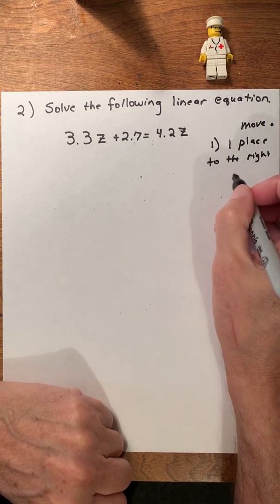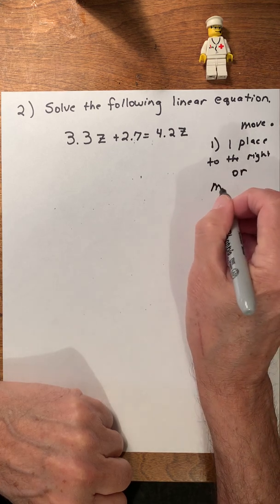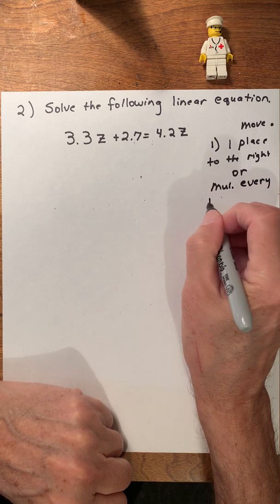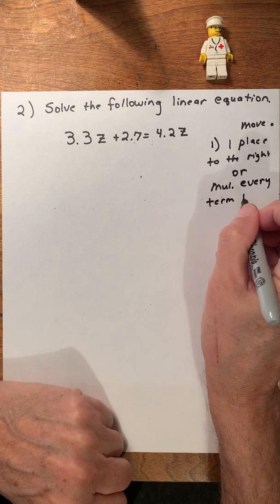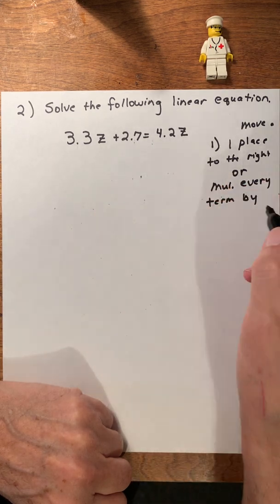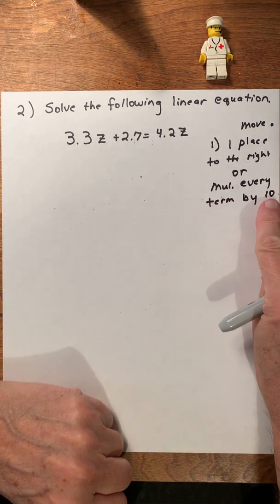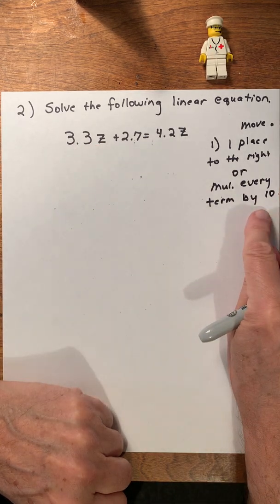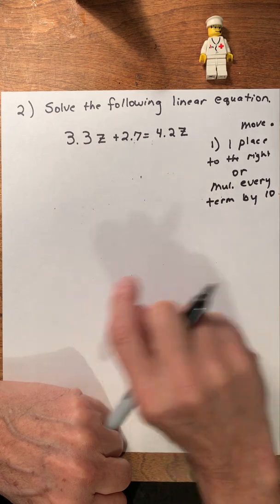Another way to think of it is multiply every term by how much? Well, 10 would move it one decimal place. Want to move it 2 decimal places? Multiply by 100. Want to move it 3 decimal places?